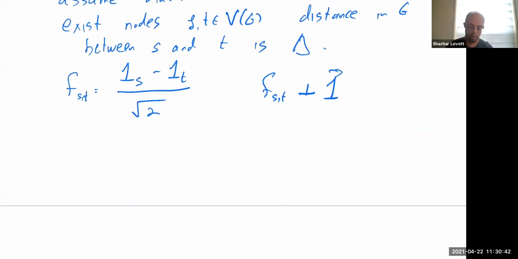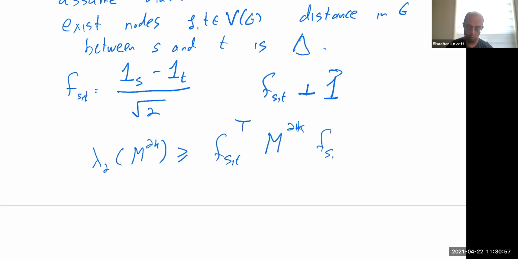So we can get that the second eigenvalue of M to the 2k is at least f_st transpose M to the 2k f_st. Also notice this function has exactly L2 norm 1, right? The sum of the squares is 1. So now what we want to do is to analyze this quantity and also to choose k.